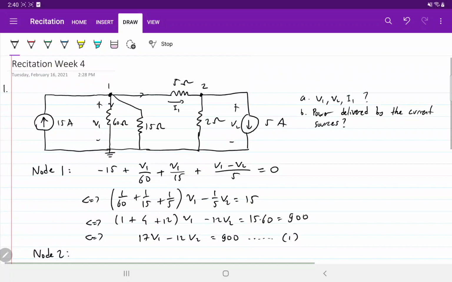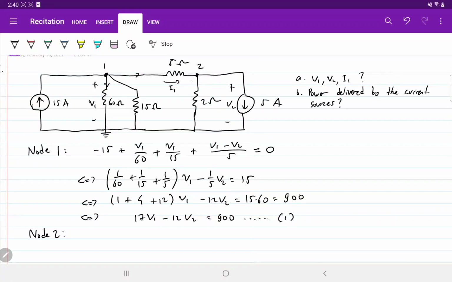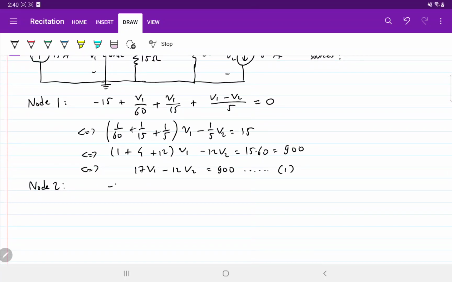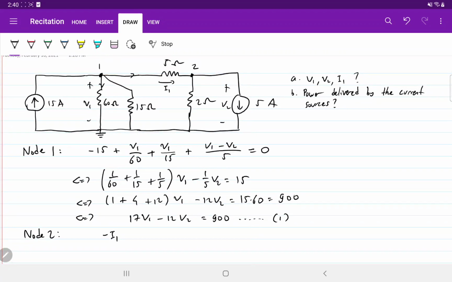At node 2, the equation is the same thing, so it should be minus I1, right? Because we are assuming that the current is going out from node 2.